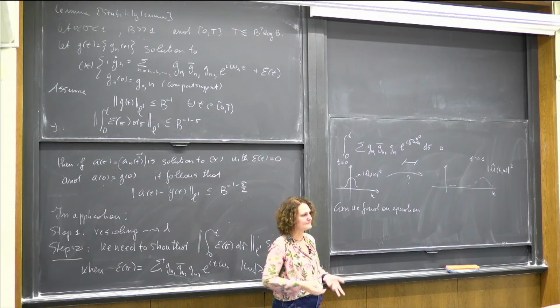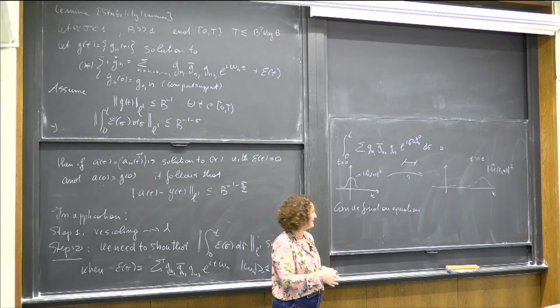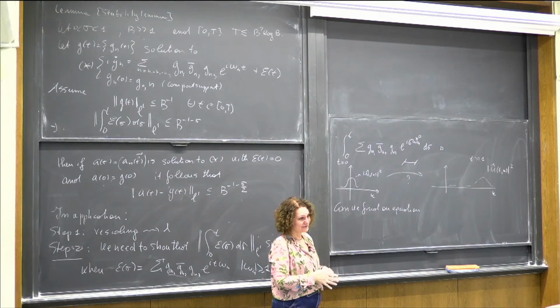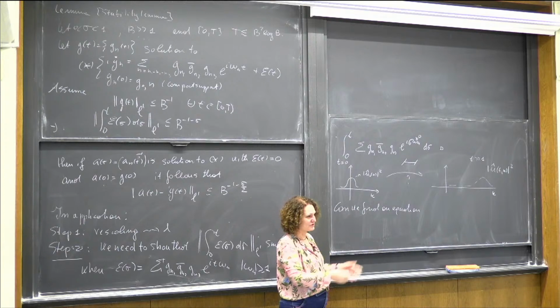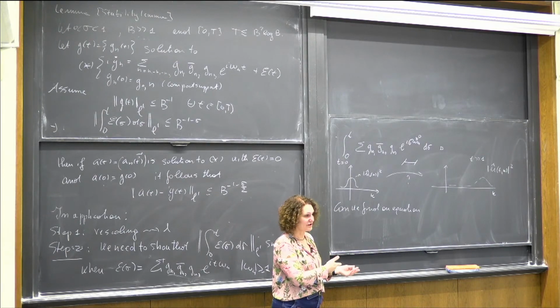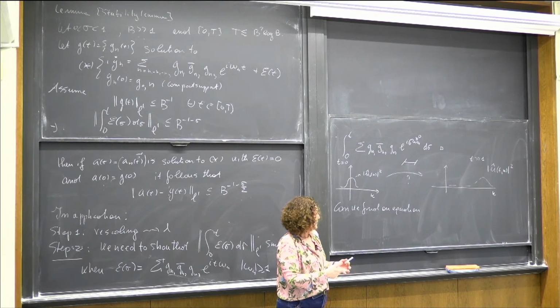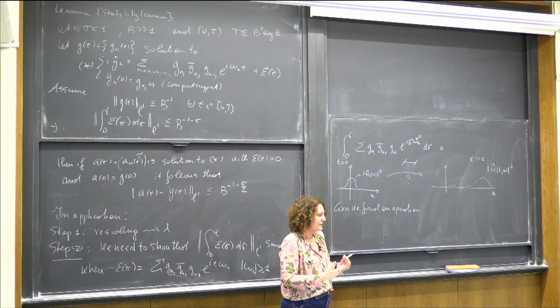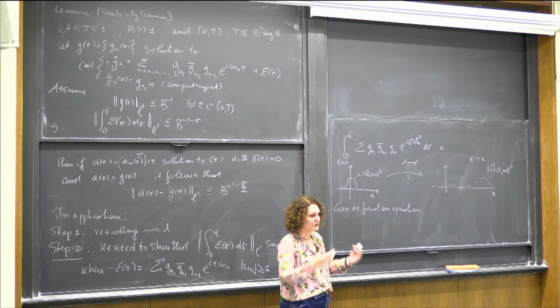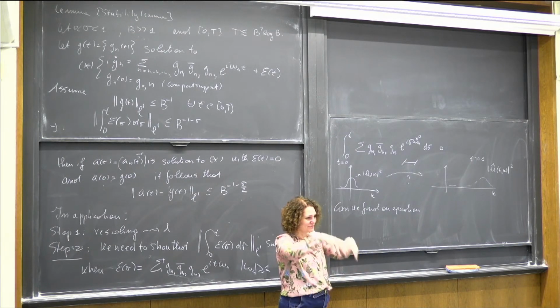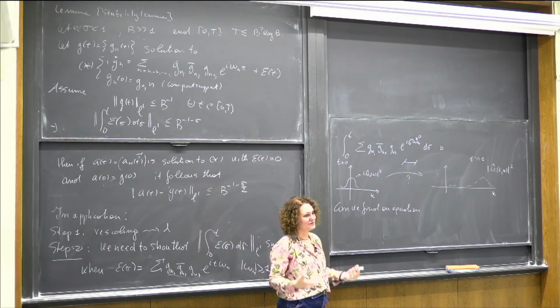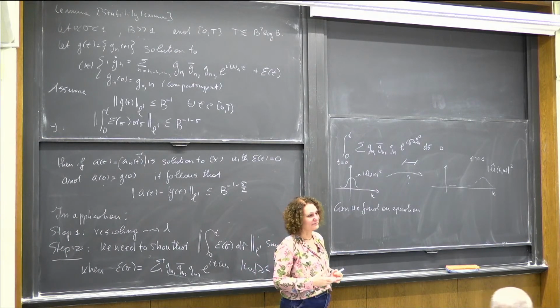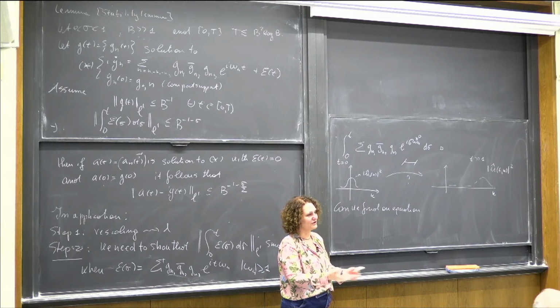For short times, and that's the point of what I'm going to do today, we're going to start, in fact, with random initial data, a probabilistic approach, which I will explain today. My understanding is the only way we know how to do this now is by using Duhamel and doing more and more expansions, bunch of trees, and trying to find cancellations among them. That's what's going on there.